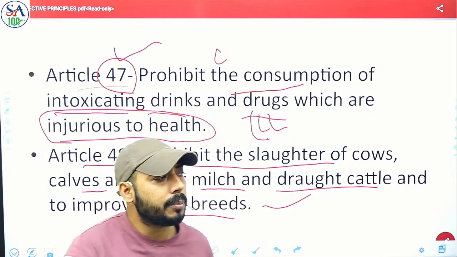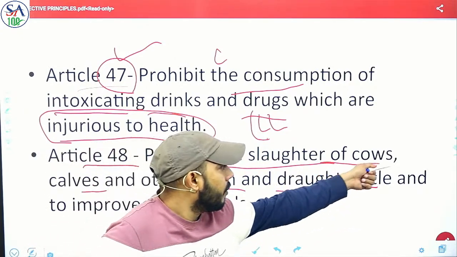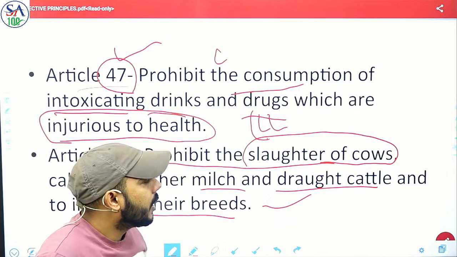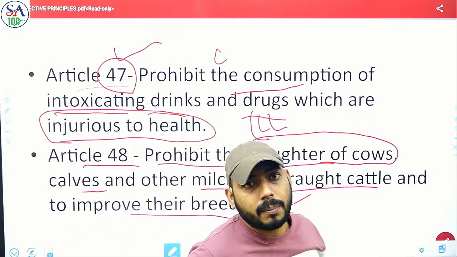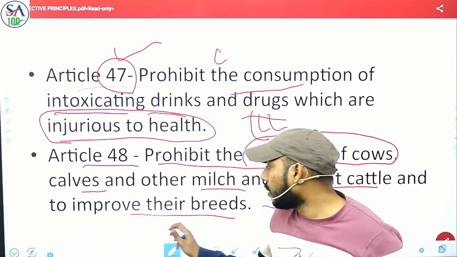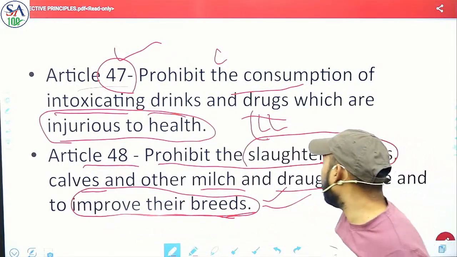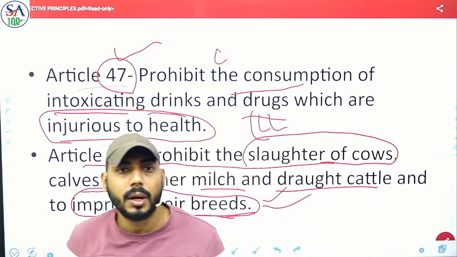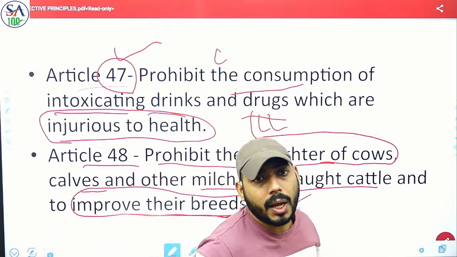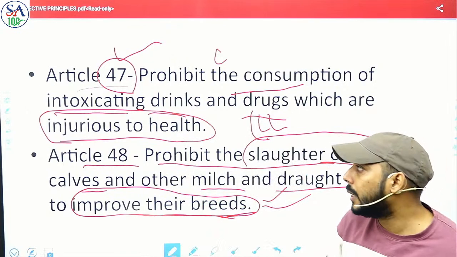It simply talks about the prohibition of slaughter of cows and the promotion of improving the breeds of Indian cattle. This direction is given by the Indian Constitution.